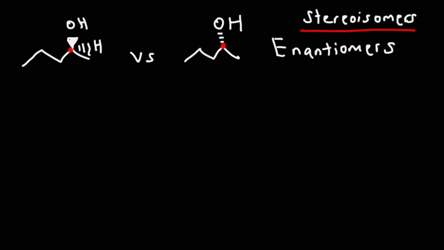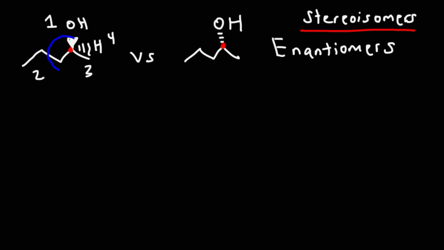Using the Cahn-Ingold-Prelog process, we can rank the 4 different groups. The hydroxyl group is going to be number 1. The oxygen has the highest atomic number. The propyl group will carry more weight than the methyl group, so this is going to be group 2, then 3, and hydrogen is typically group number 4.